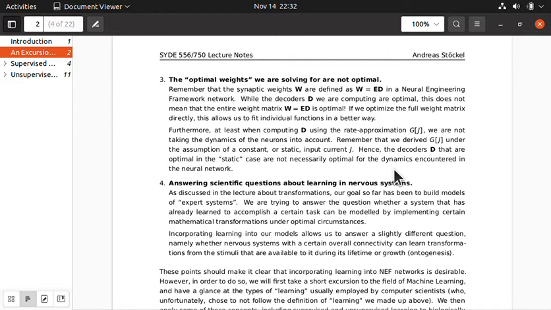So if we're interested in the biological process of learning, then we might want to bring in some constraints about what sort of methods we can use to get weights. For example, it is very unlikely that brains are generating A matrices and inverting them in order to solve for decoders.